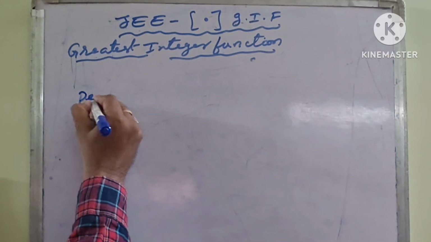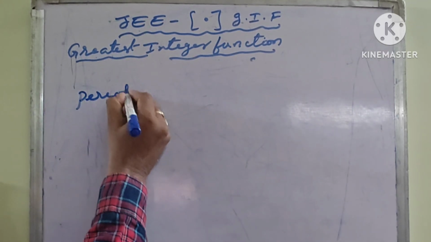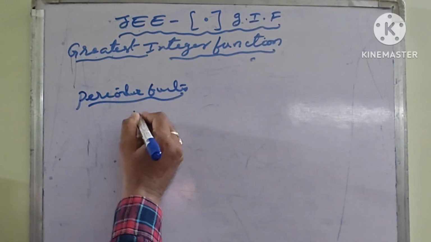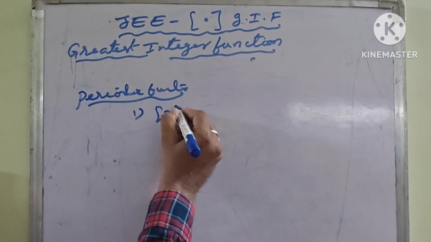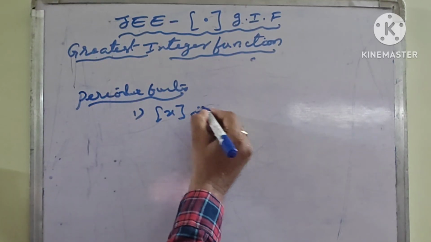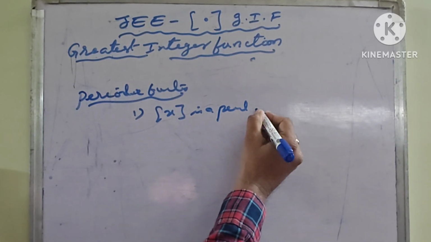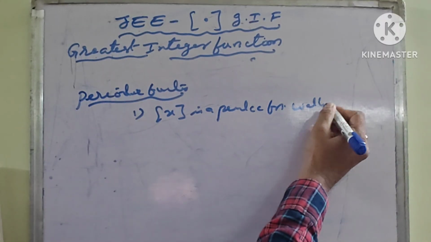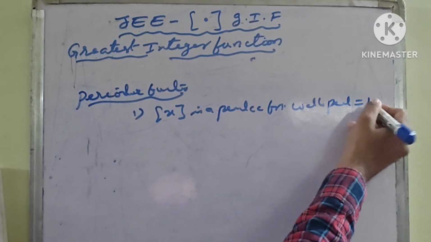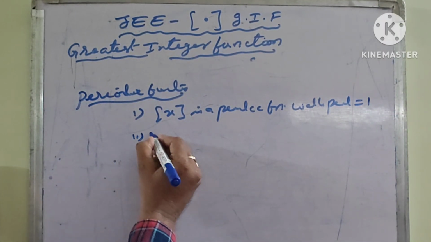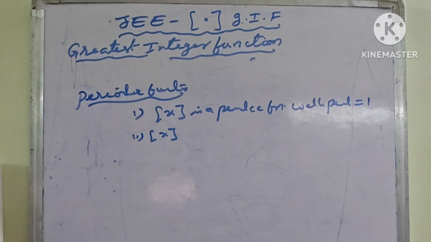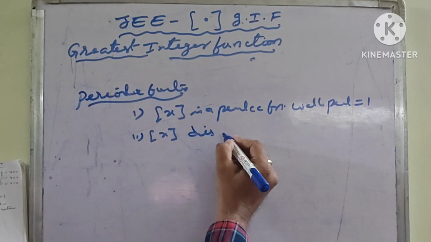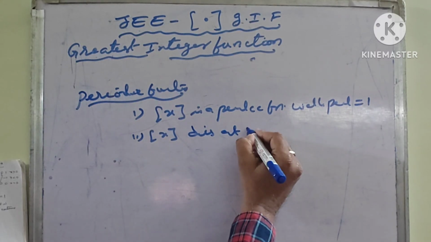Next, periodic functions. Integral part of x is a periodic function with period 1. Second, the integral part of x is discontinuous at every integer.